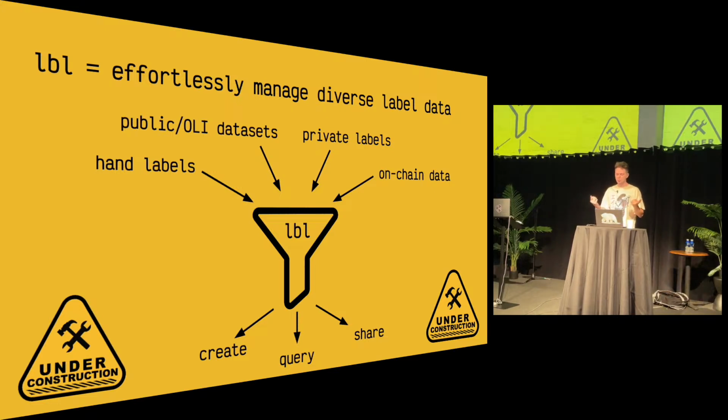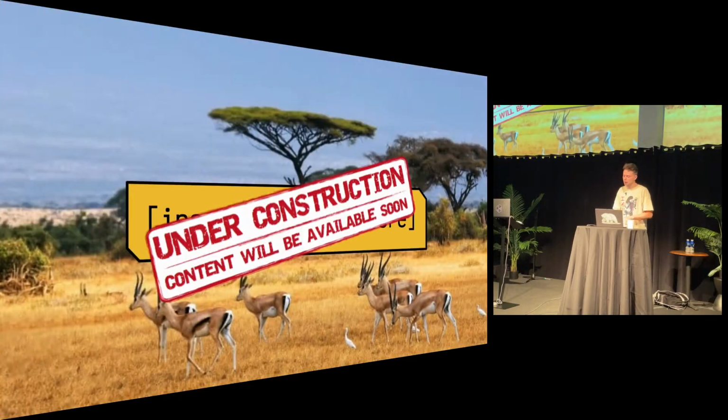Or maybe it's your own private label source that you made yourself that you also want to manage with the same interface. And I'm not going to do a tech demo of this one just for time purposes, but check back in a couple months and we'll have some cool stuff here.